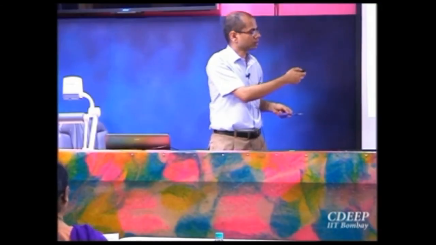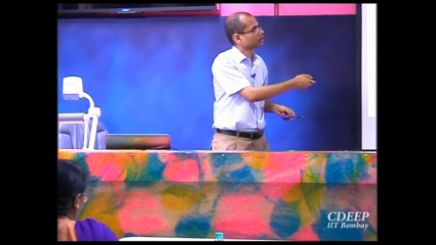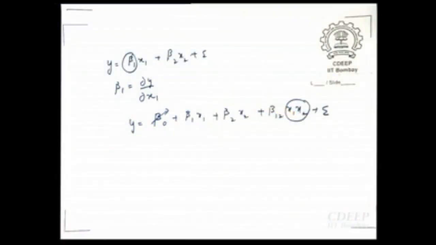So you will have a problem in estimating beta 1,2, and you can see this in the coded variable. One of them is 0 at all the 4 runs. Essentially this product remains at 0.